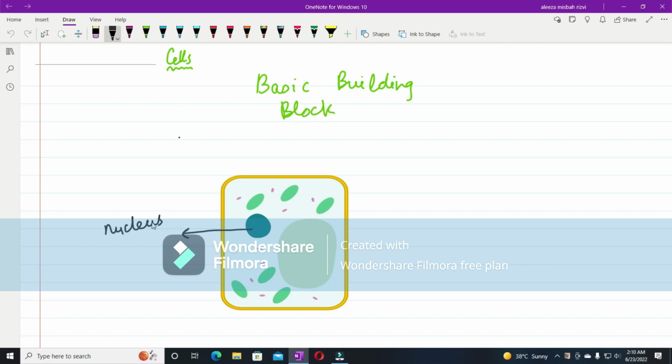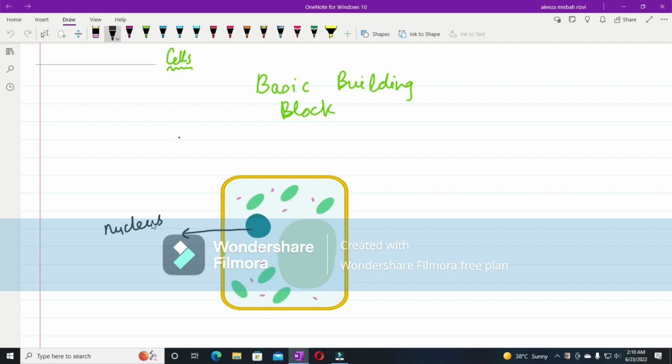So the nucleus controls the metabolic reactions taking place in the cell. It contains genetic material called genes, and the genes, with larger thread-like structures, are called chromosomes, and the genes are made up of DNA, which is deoxyribonucleic acid.